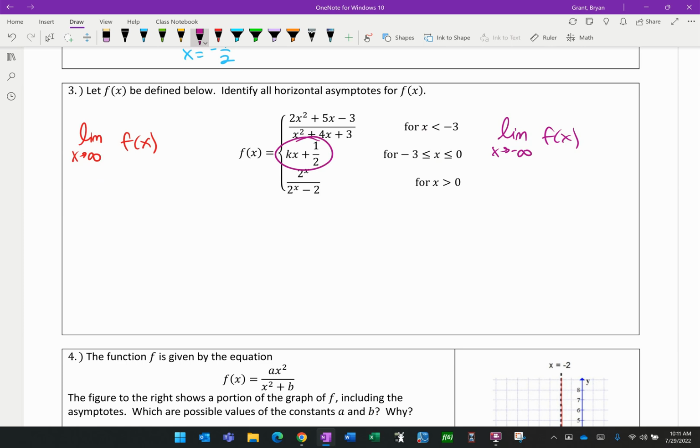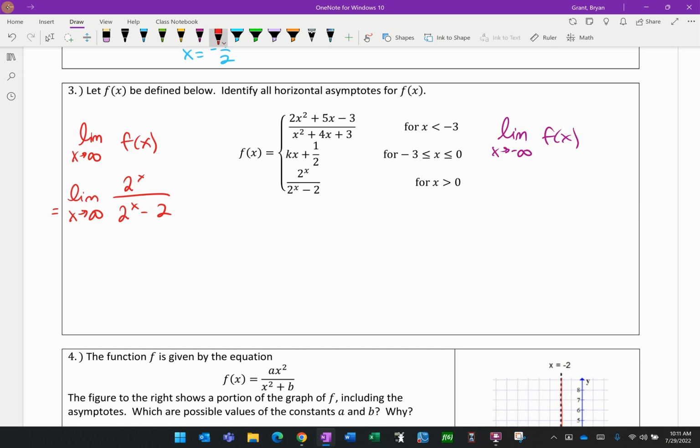This line, mx plus b, is in control only for x's between negative 3 and 0, and this ratio of exponential functions is in control for x's greater than 0. Positive infinity is definitely greater than 0, so when I'm finding the limit as x approaches positive infinity, we're really just finding the limit of 2 to the x over 2 to the x minus 2. That's the only branch that matters at positive infinity.